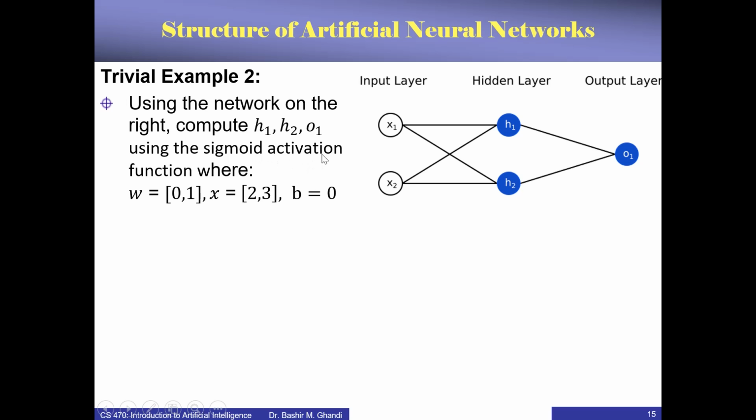Using the sigmoid activation function in both cases, and also given that the two vectors W and X are the same as in the previous example, 0, 1 for the weight and 2, 3 for the X. But the bias this time is 0.